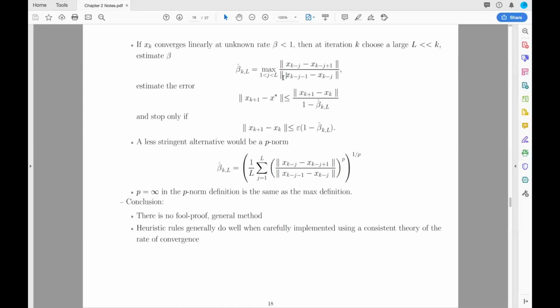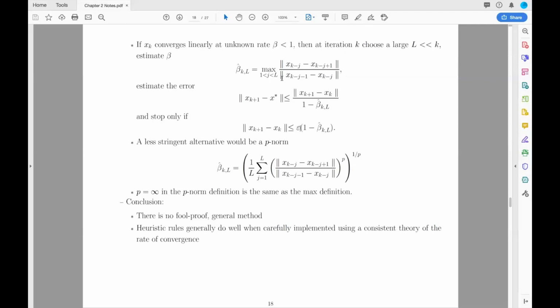Now, if beta is greater than 1, then you know you have to continue; you can't stop. But if that beta hat is less than 1, then you maybe feel comfortable stopping if you have this inequality, and you use this criterion if epsilon is your target.